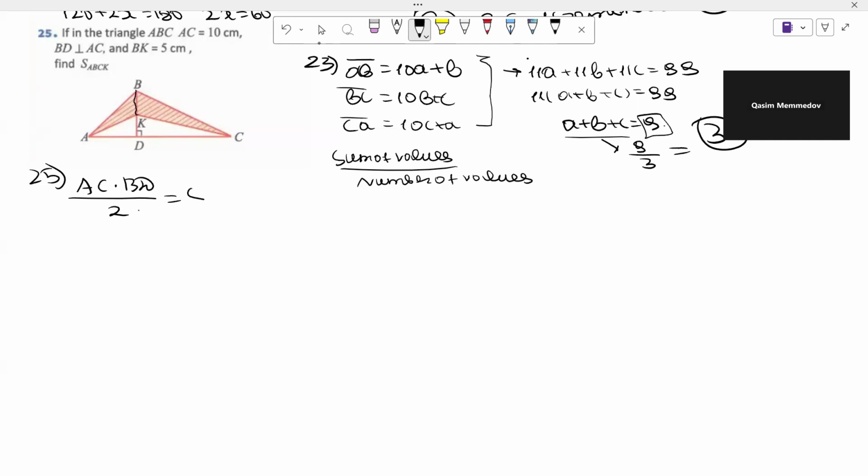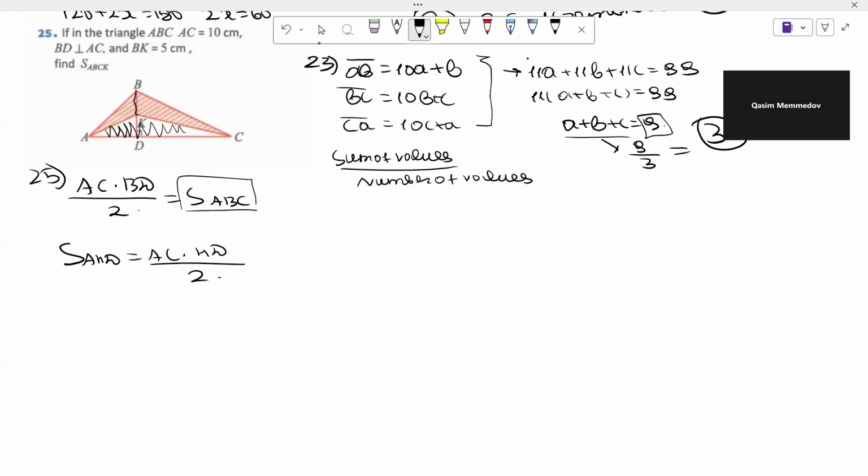The area of AKD equals AC multiplied by KD divided by 2. This is the whole triangle and AKD is this part. It equals AC multiplied by KD divided by 2.